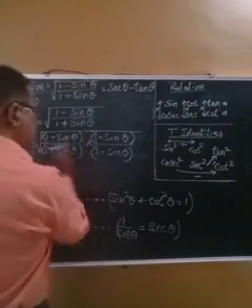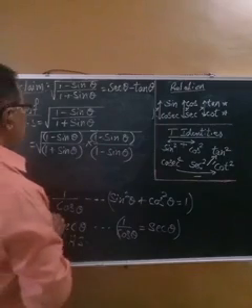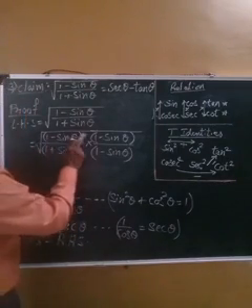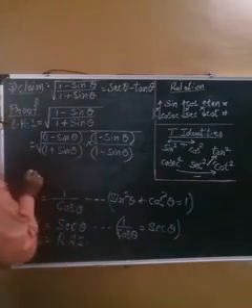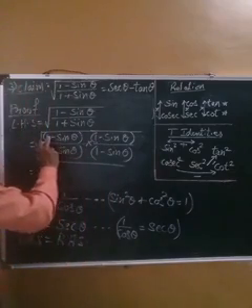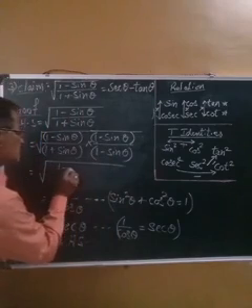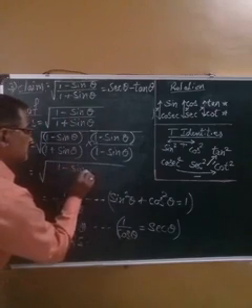It will be always equal. Now also we have learned in standard 8 that a minus b into a minus b gives us a minus b whole square. Same way 1 minus sin theta into 1 minus sin theta gives us 1 minus sin theta the whole square.